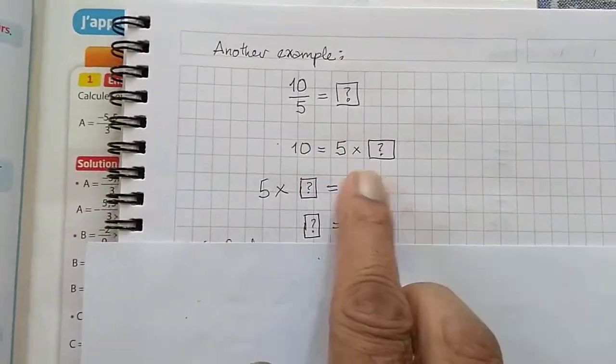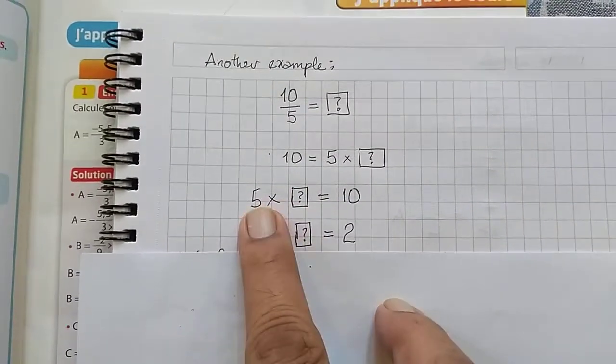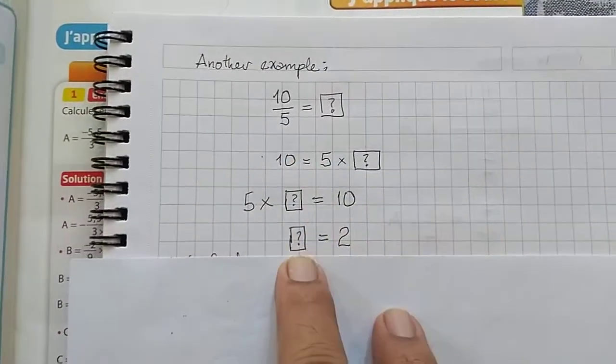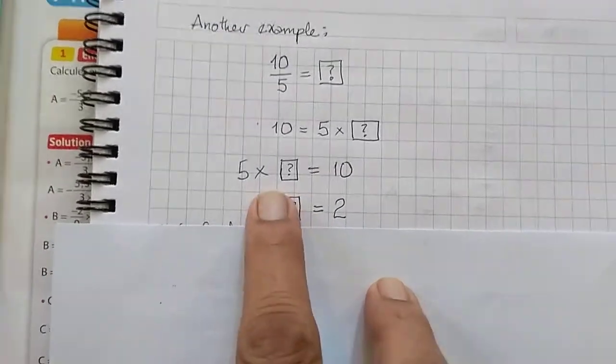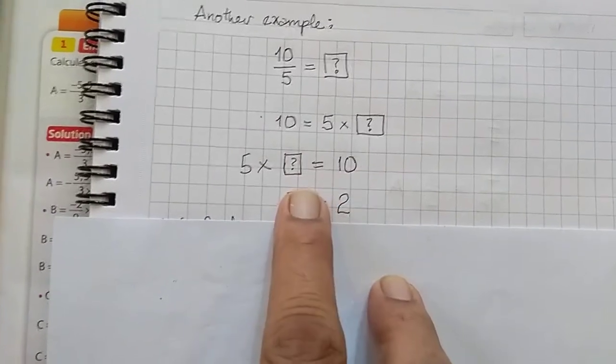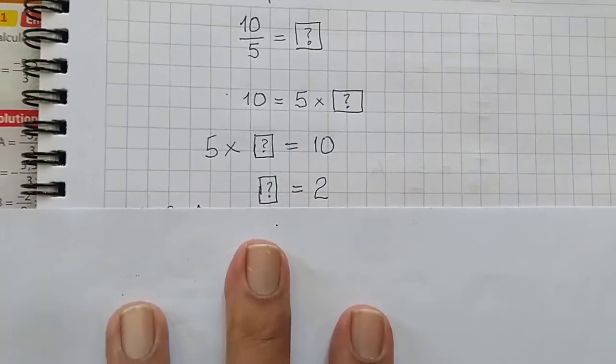Now what do you mean by solved it? I just happen to know that 5 into 2 is equal to 10. What do you mean by happen to know? Well, I learnt my multiplication tables when I was a kid, so I now know.